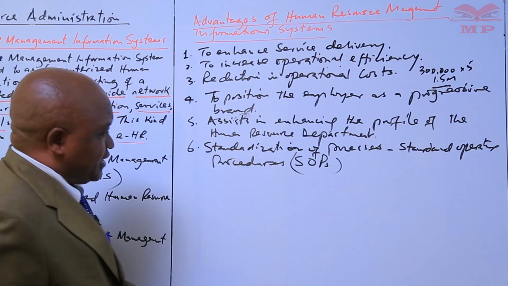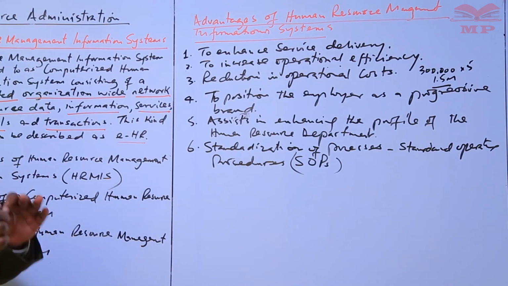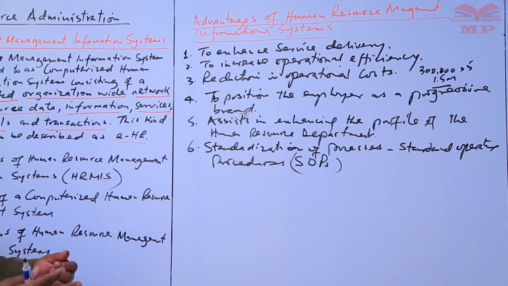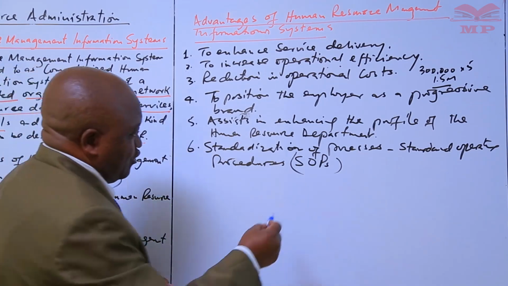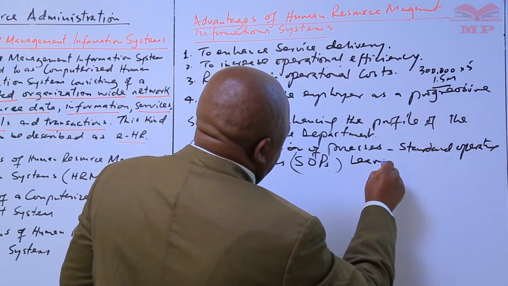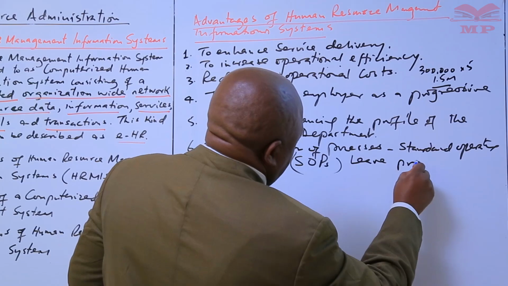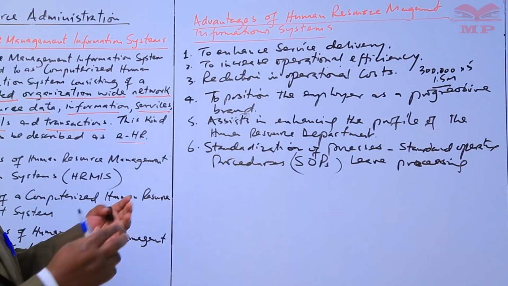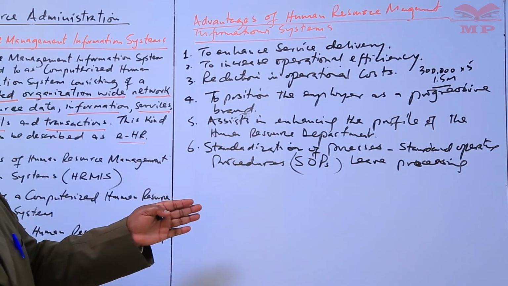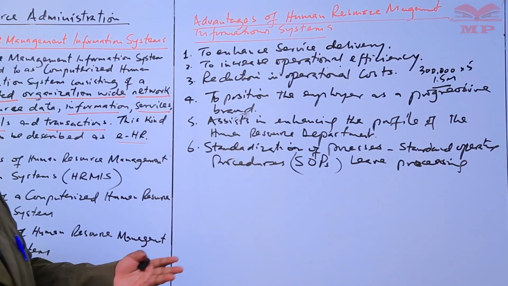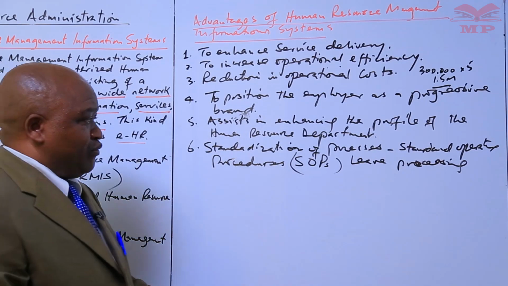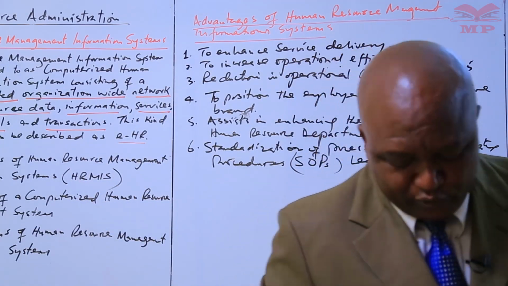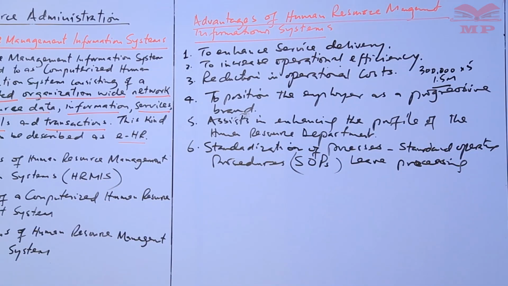So where an organization has SOPs, then when you have a human resource management information system, let us take an example of leave processing. It is possible that wherever an employee is in the whole organization, there will be one standard operating procedure for application and approval of leave that an employee may want to use.